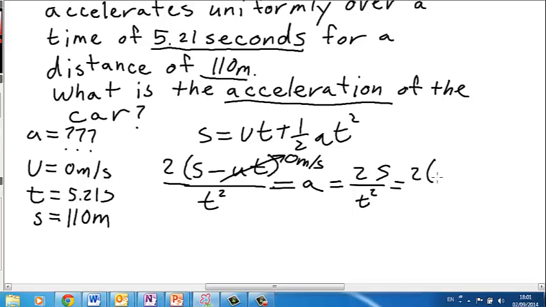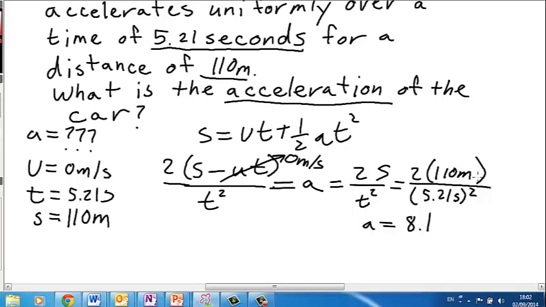So 2 times s, which is 110 meters, divided by t squared, which is 5.21 seconds squared. I solve for that, and I get 8.1.